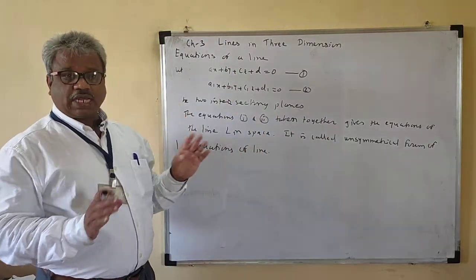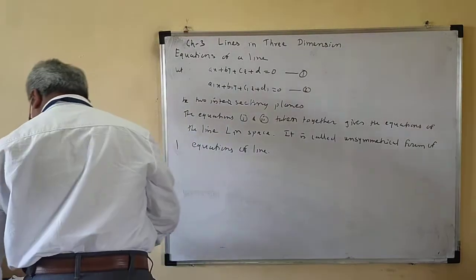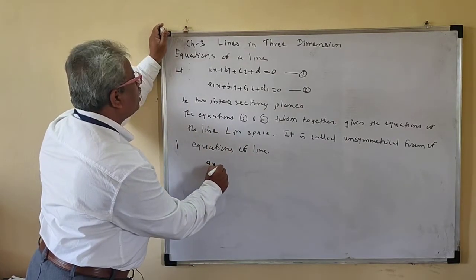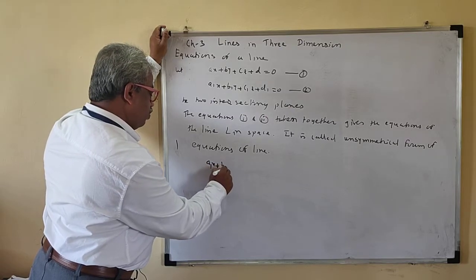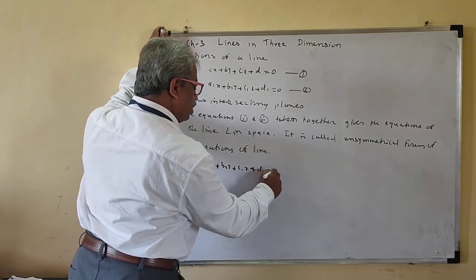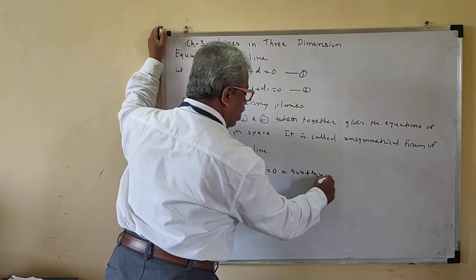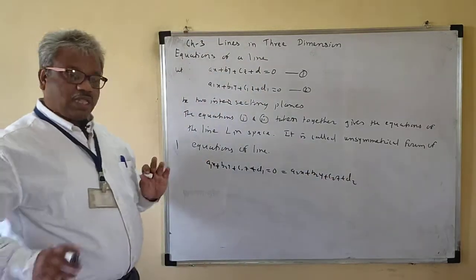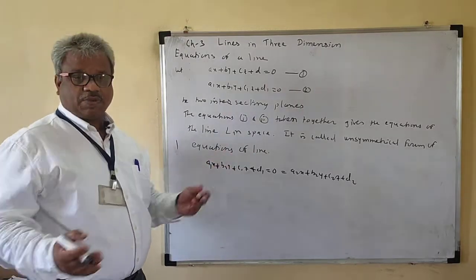So these two equations are nothing but a line. Now you can write the line also in this form: a1x plus b1y plus c1z plus d1 is equal to 0 is equal to a2x plus b2y plus c2z plus d2. So this is also a line.